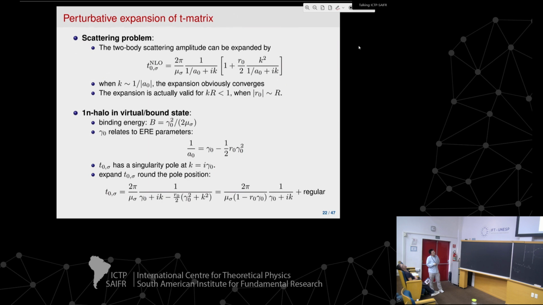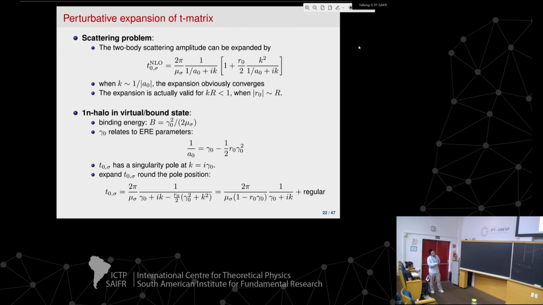So then, instead of performing an expansion in powers of k, you can perform an expansion around this pole position. You rewrite your T matrix around this pole. You put 1 over A into this, gamma 0 minus 2 R0 over 2 times gamma 0 squared, and reconstruct this.